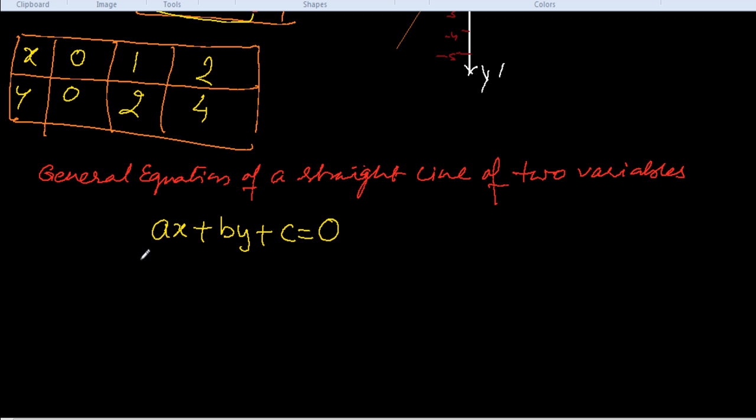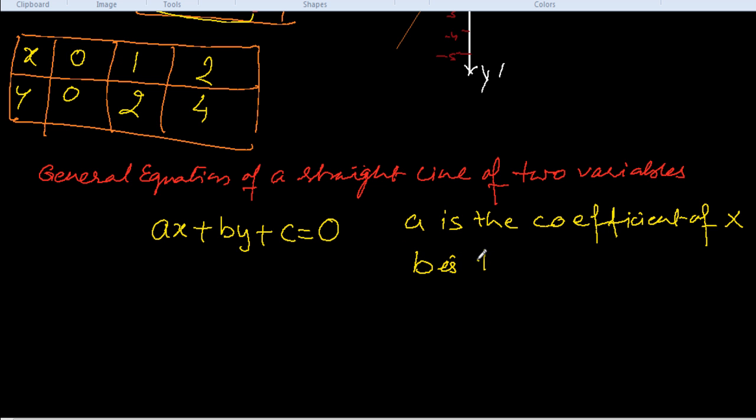This would be the general equation of the straight line, where a is the coefficient of x, b is the coefficient of y, and c is a constant. Basically a, b, c all are constants, but a and b are the coefficients, and c is the independent constant here.